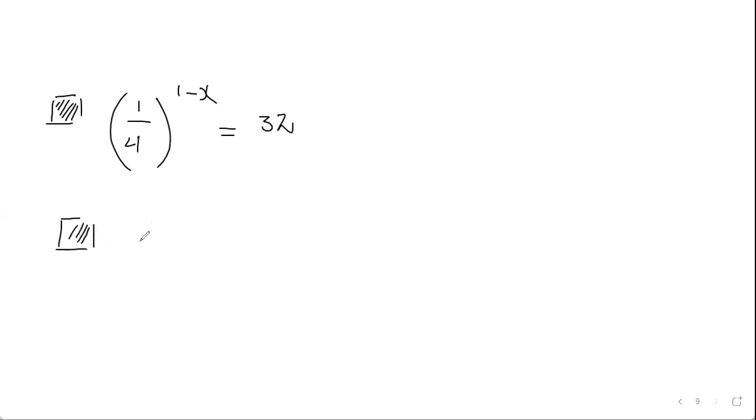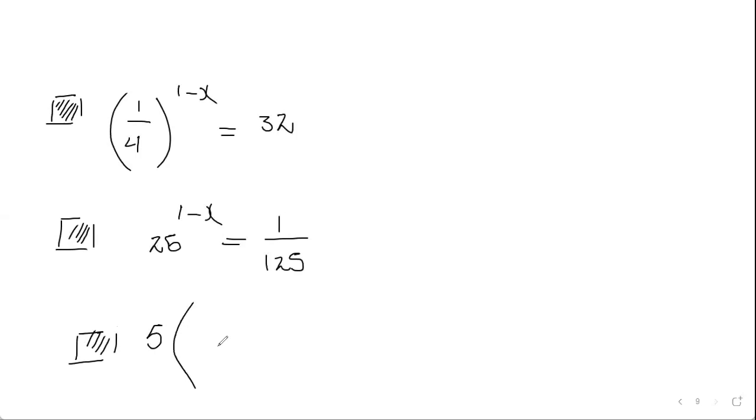The other one is 25 to the power 1 minus x over 125, and the third one is going to be this, 5 times. That's right, but it's recommended you do it now. Right now.